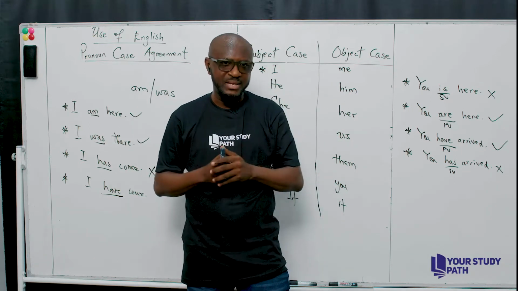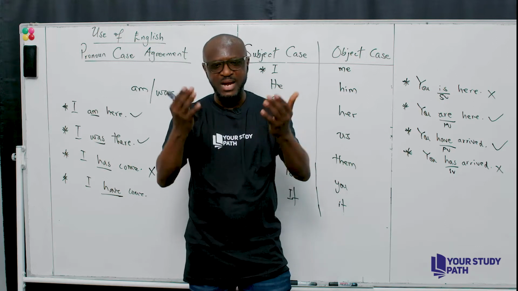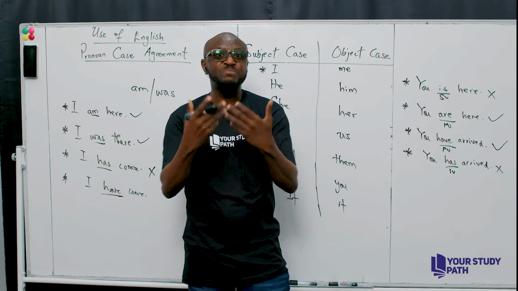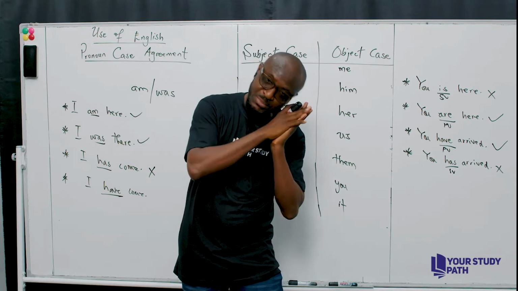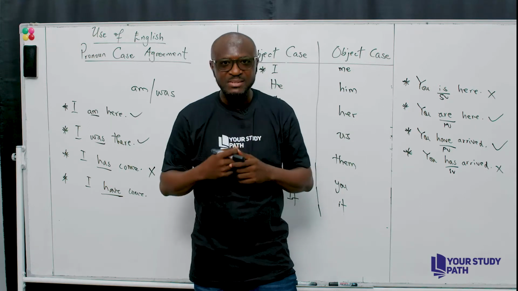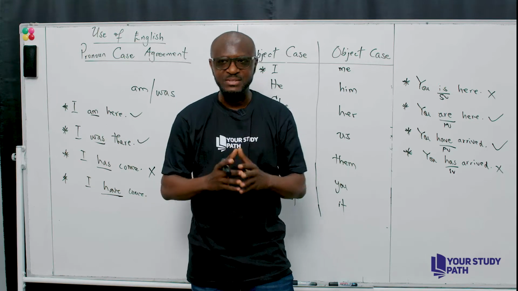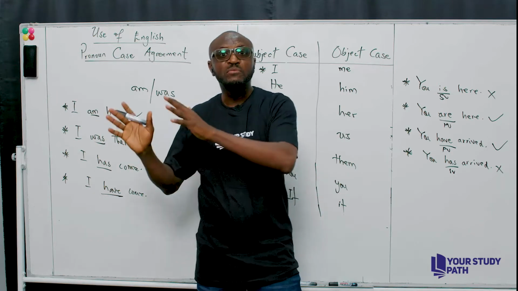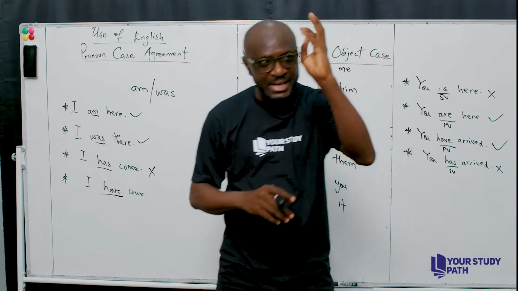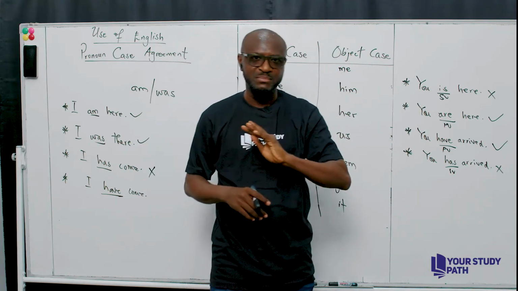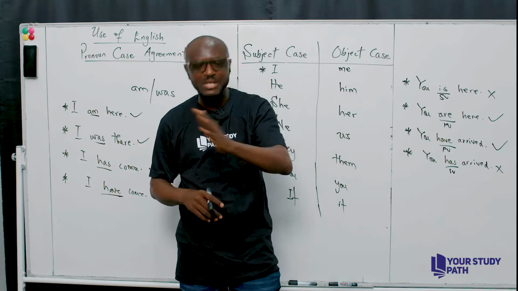You have words like arrives, comes, goes, writes, speaks, sleeps, eats, punches, needs, deserves. All of these verbs have either S or ES or IES after them. So they are singular verbs.